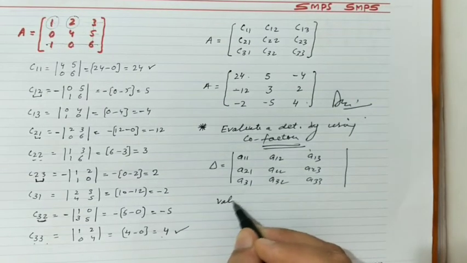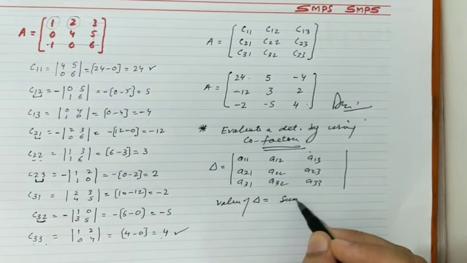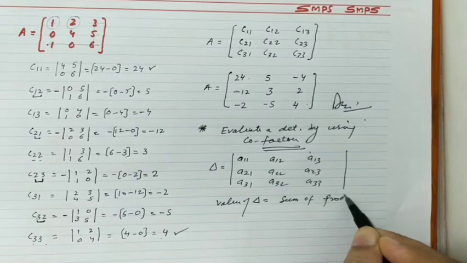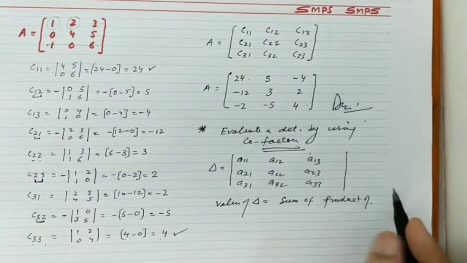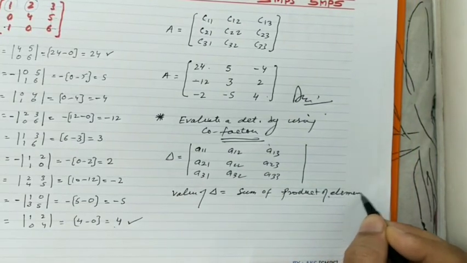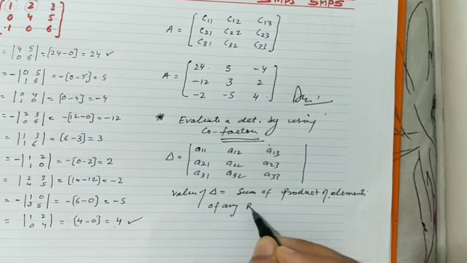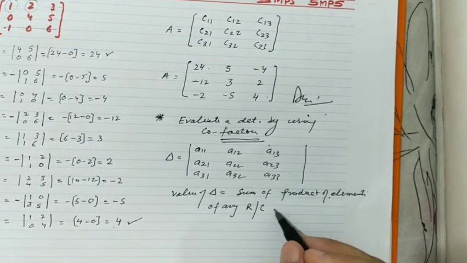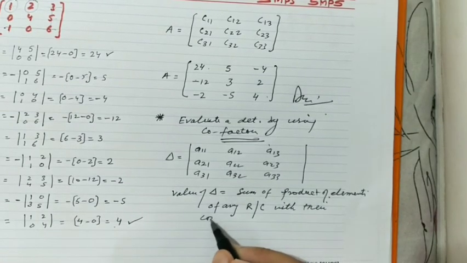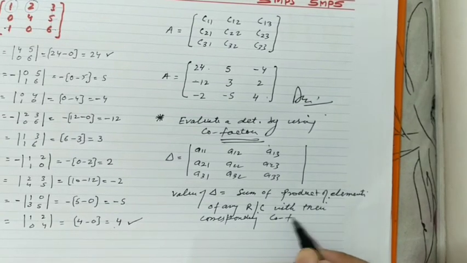Then the value of the determinant is equal to the sum of the products of elements of any row or column with their corresponding cofactors.